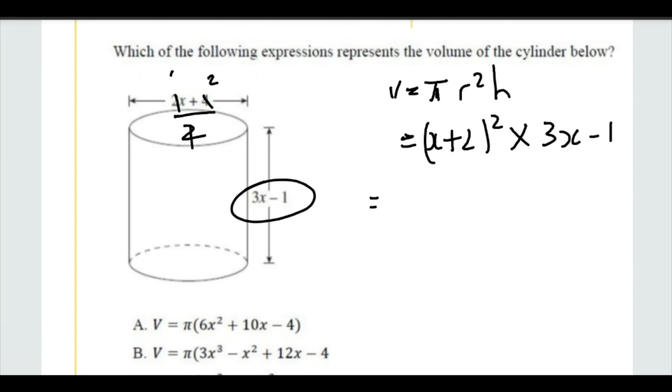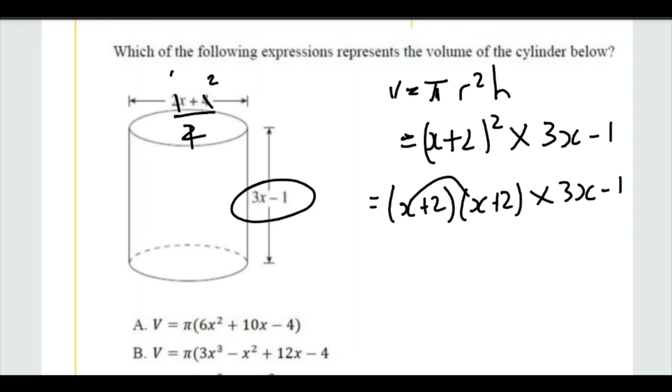So x plus 2 squared, let me work it out. x plus 2 times x plus 2 times 3x minus 1. Alright, so we work it out. We multiply the x by both terms. x times x will give you x squared, plus 2x. 2 times x will give you 2x. 2 times 2 will give you 4.